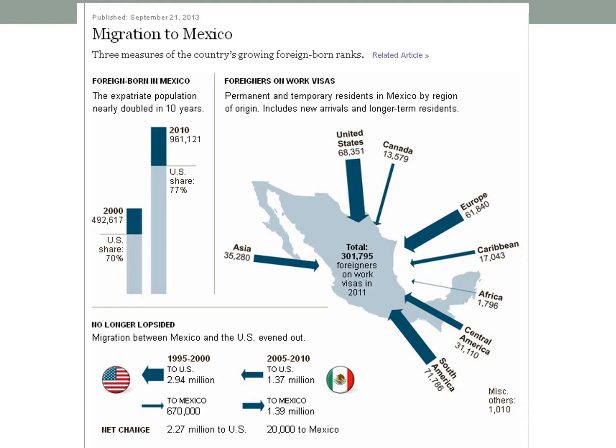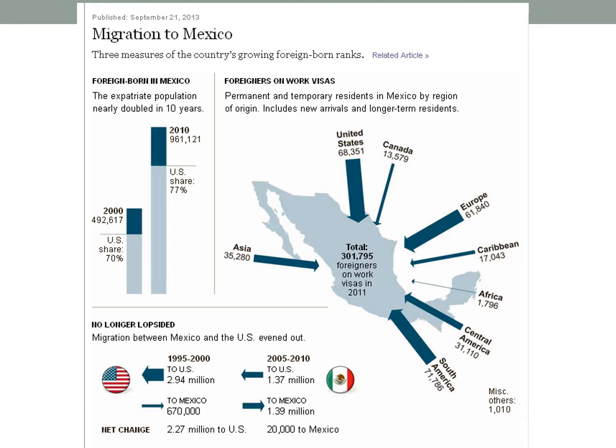So this next image, and we'll move kind of quickly because this lecture has been going rather long, looks at migration to Mexico. And I want to draw your attention to the bottom left, because essentially what they've seen is that during two separate 5-year periods, we've seen changes in migration between the U.S. and Mexico.